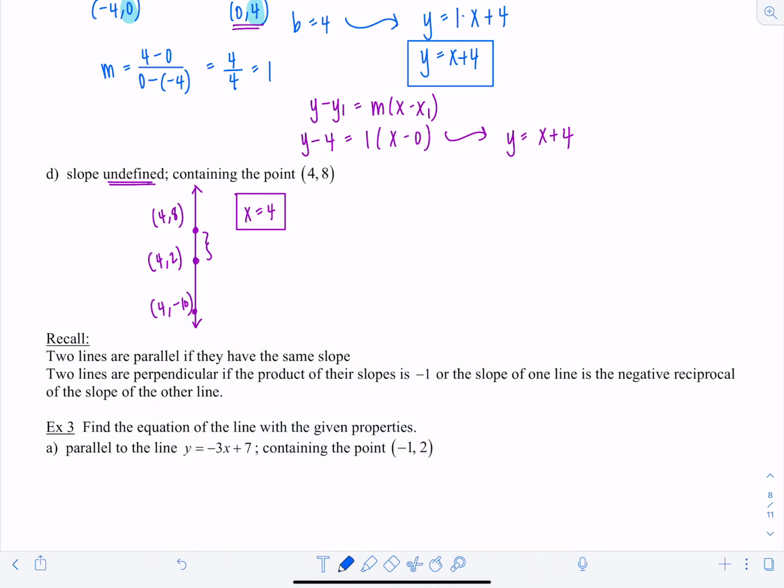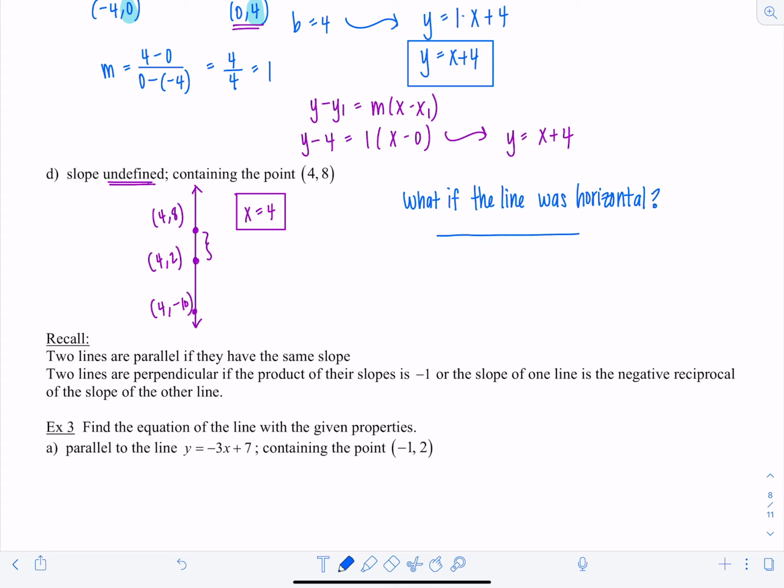Now I have a question. What if instead the line was horizontal, and it went through the same point though?